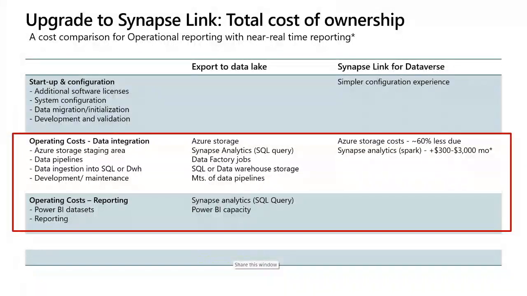What you may need to do, however, is that CSV data is not queryable directly. So what we've seen a lot of customers do is use something like Synapse so that they can query that data using CSV.